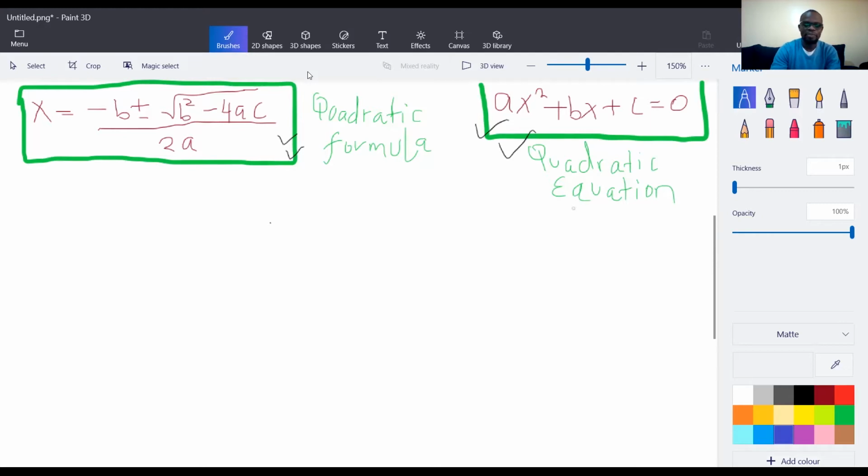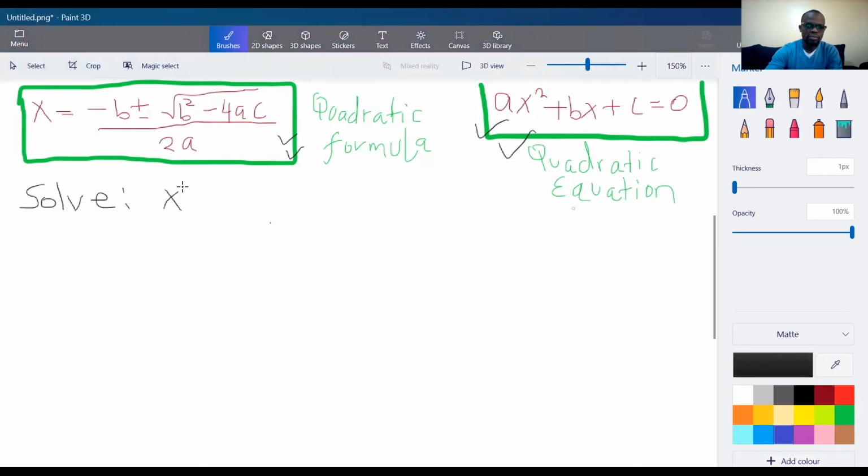All right, so let's see. Suppose someone asks you to solve x squared plus 14 equals 8x.